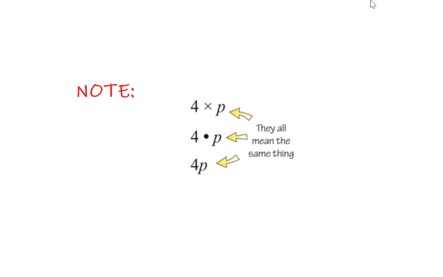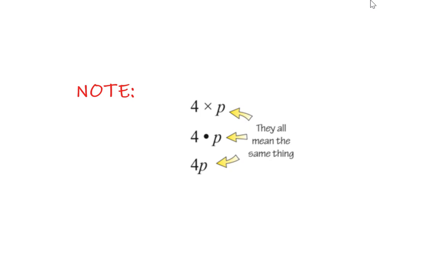Okay, I have a last warning for you guys. In an expression, there are three ways of writing a multiplication. First is to use the sign x, this one. Sometimes a raised point in the second one.